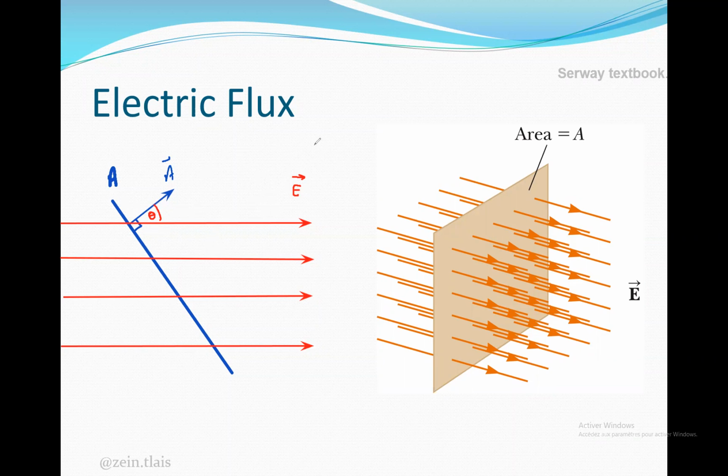As E is constant, we can apply directly that the electric field flux is equal to E dot A equals E A cosine theta, where theta is the angle between E and A.